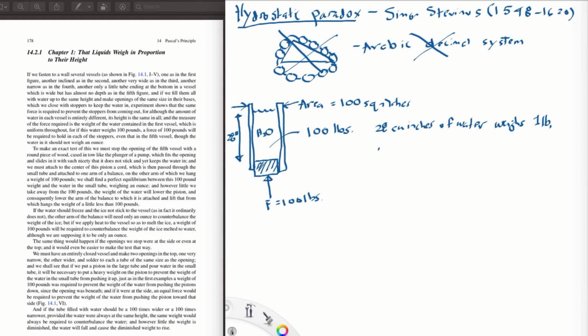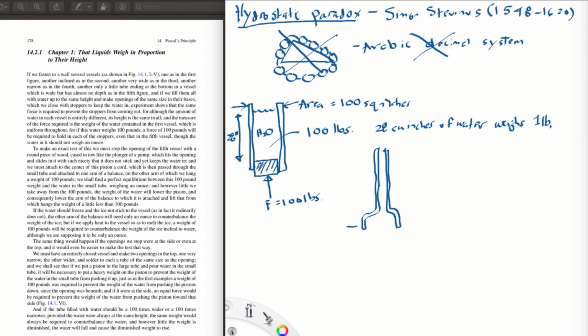Let's suppose now that instead of this wide tube, we have a very narrow tube that opens up into a wide region on the bottom. So here we have a very narrow tube like this. And again, this is a cylinder. You have to think about this as being cylindrical.